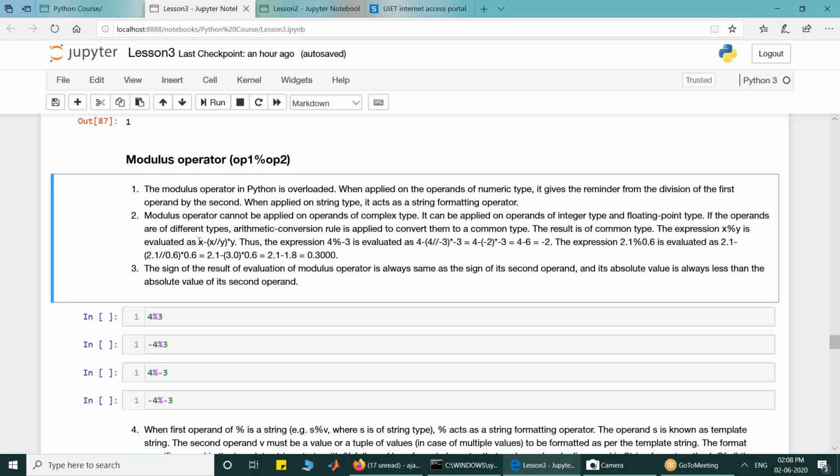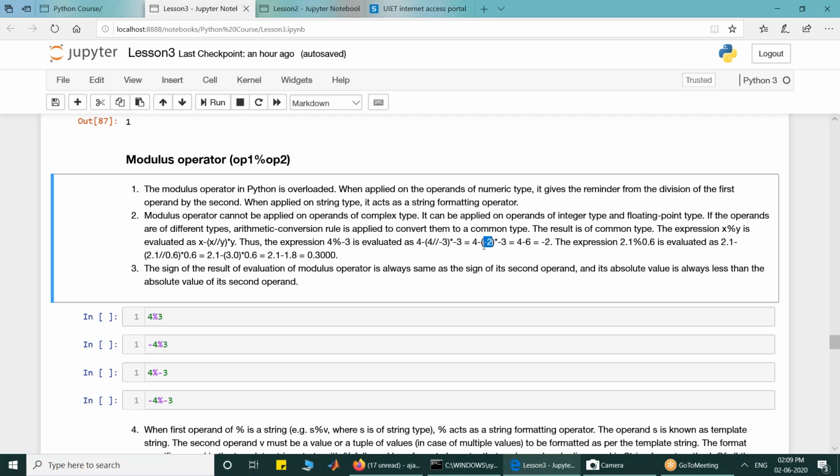When x mod y is to be computed, it is computed by this formula: x minus x floor division of y, into y. So if 4 mod minus 3 is to be computed, this comes out to be 4 minus 4 floor division of minus 3, into minus 3. You know the result of 4 floor divided by minus 3?